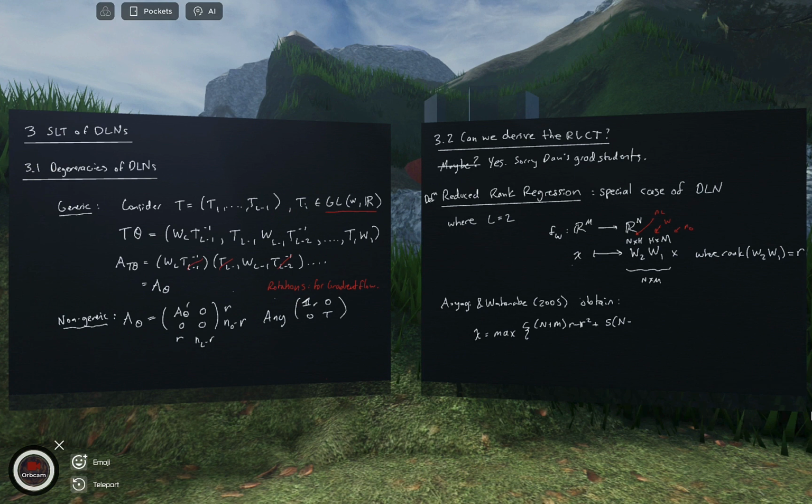What do you mean when you say and where rank W2, W1 equals R? You mean that's the rank of the true function? Oh, that's actually a good point. We read it differently. Yeah, it should be of W2, it's called A star. Yeah. Okay. Of the rank of the truth, the thing you're actually trying to learn.